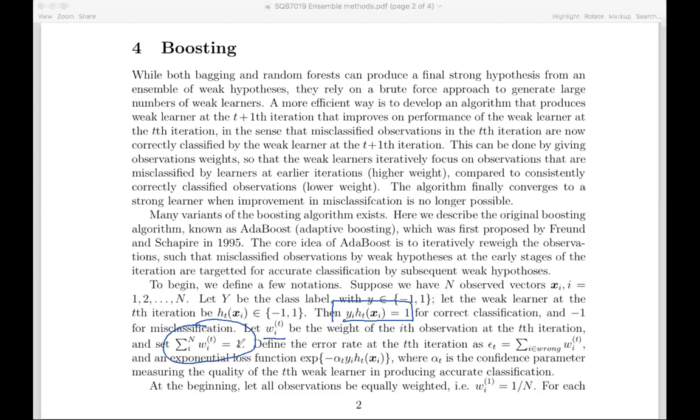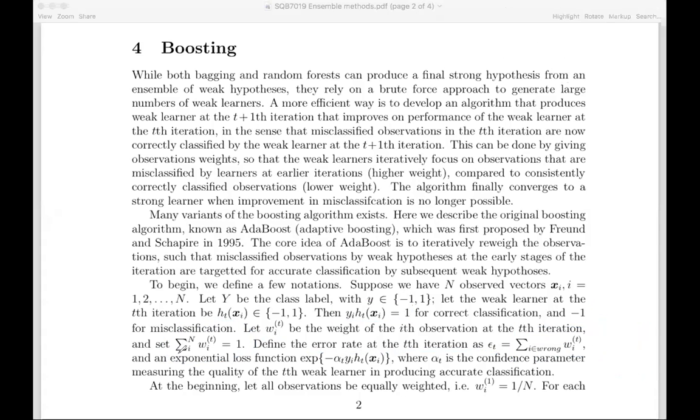The error rate at the t-th iteration is obtained by summing the weights of the wrongly classified samples. You see the subscript here is i belonging to the wrong set, so you only sum the weights of wrongly classified samples. That will constitute your error rate.